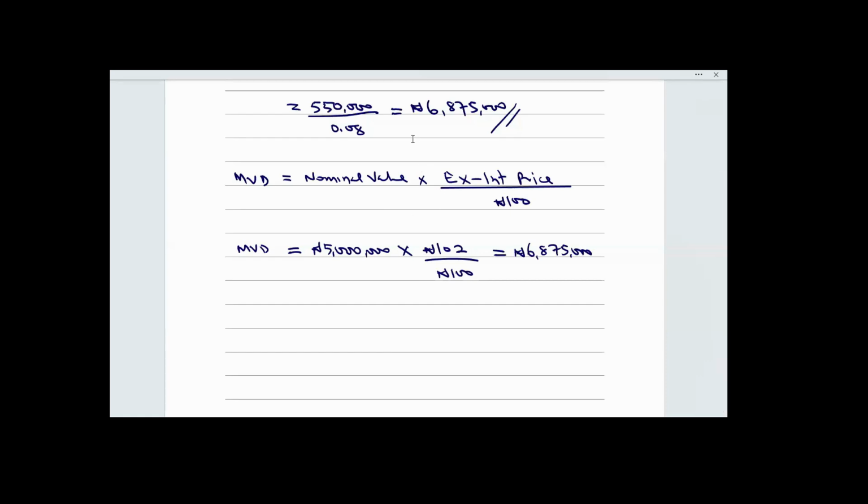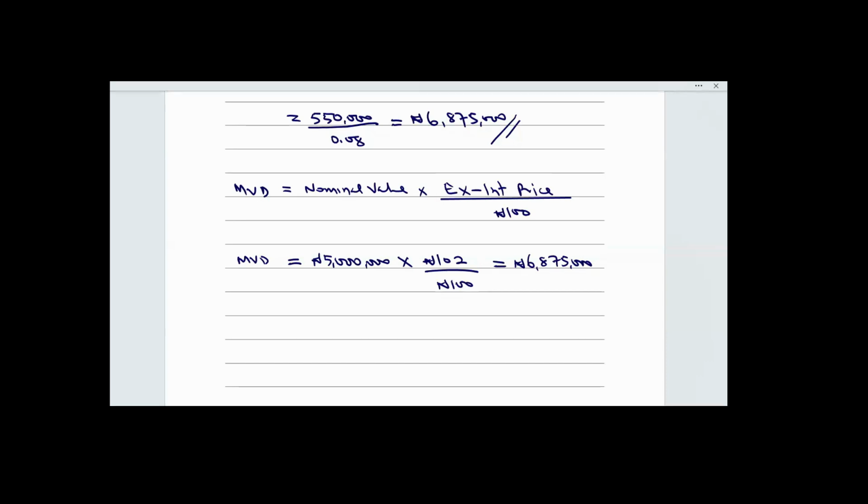Yes, Minister of Finance, talk to me. Go ahead. The 102 we are seeing on the screen now was used in the last question, so I'm wondering where it is coming from in this current question. Which one? The 102 over 100 naira. Let me check.